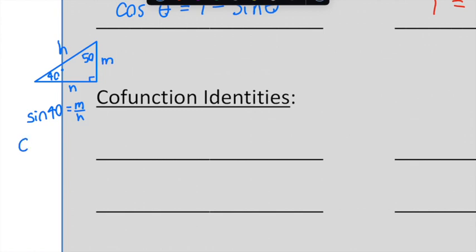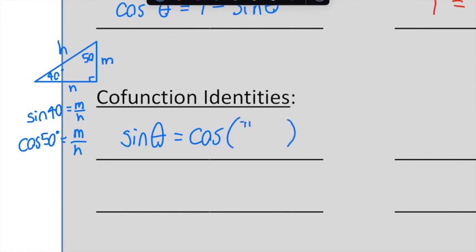And I guess the big idea here is cosine of 50 degrees actually is the same exact fraction. So what that means here is sine of an angle is the same exact thing as cosine of that angle after subtracting it from 90, or usually we'll write it in terms of pi over 2. So 90 minus your angle, and then doing cosine of that, that's the same thing as sine.